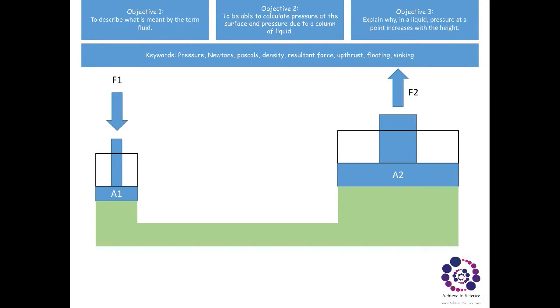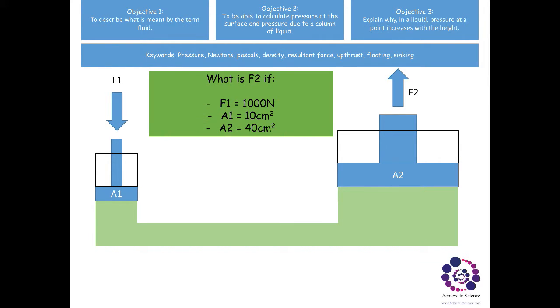Now let's look at this scenario. On the left hand side we have a force being pushed down onto a piston, which applies a force to a liquid. This then exerts a pressure onto the area 2, a second piston, which then pushes that piston upwards with a force of F2. If the question asked you what the size of F2 was, and it gave you the following numbers, could you work it out?